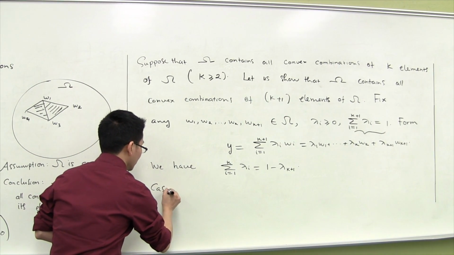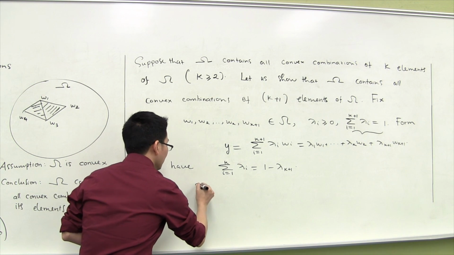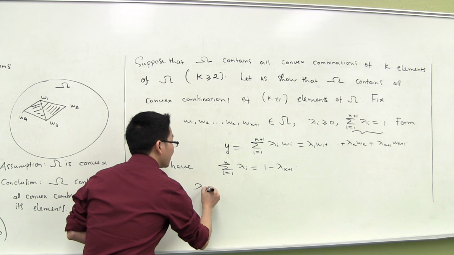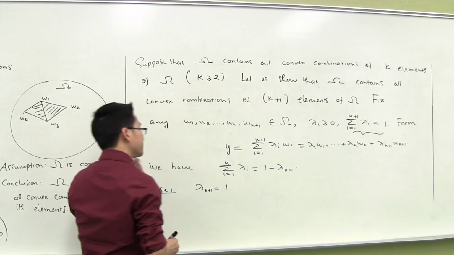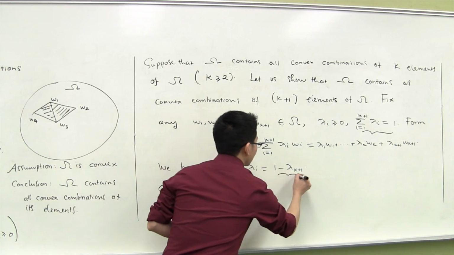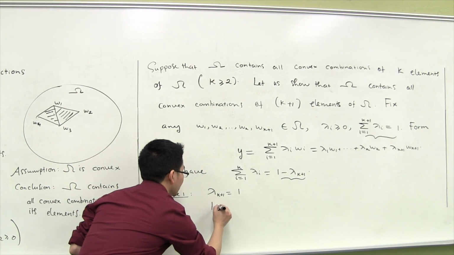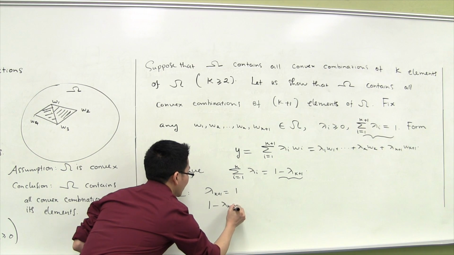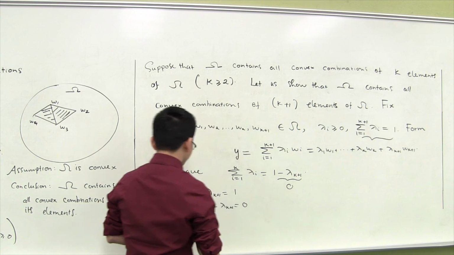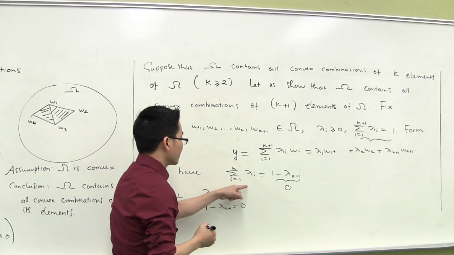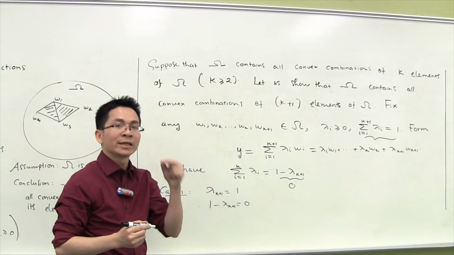Case 1, this case is very trivial. In this case, we suppose that lambda k plus 1 is equal to 1. So in this case, 1 minus lambda k plus 1 is equal to 0, and as we can see, the sum of lambda i, where i runs from 1 to k, is equal to 0, and each lambda i is greater than or equal to 0.